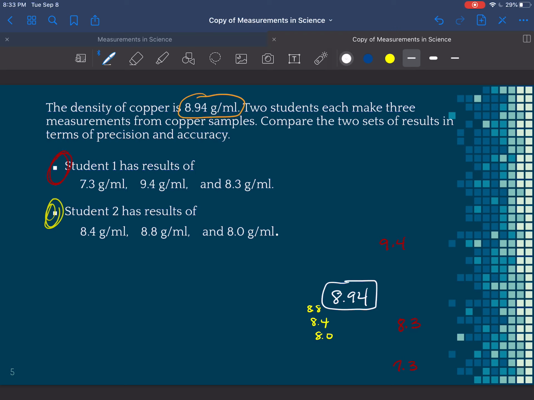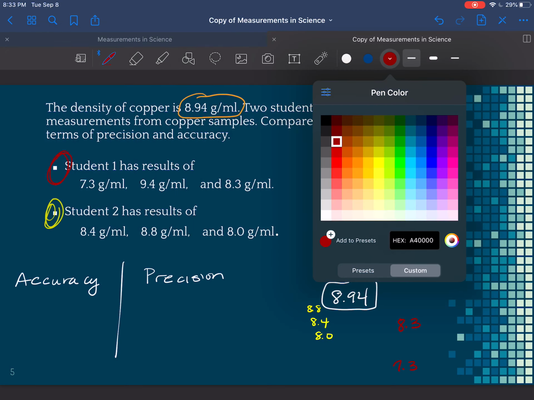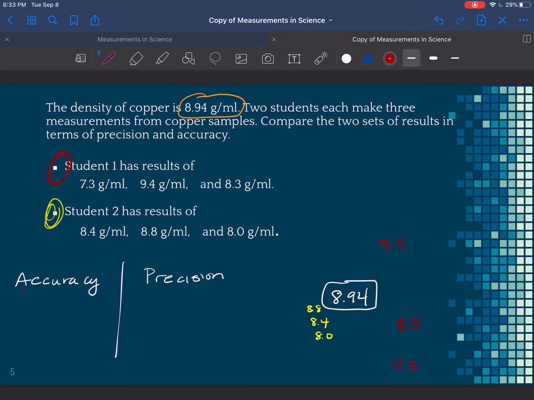So let's talk in terms of accuracy and precision. Let's look at student number 1. All right, let's look at our student red.